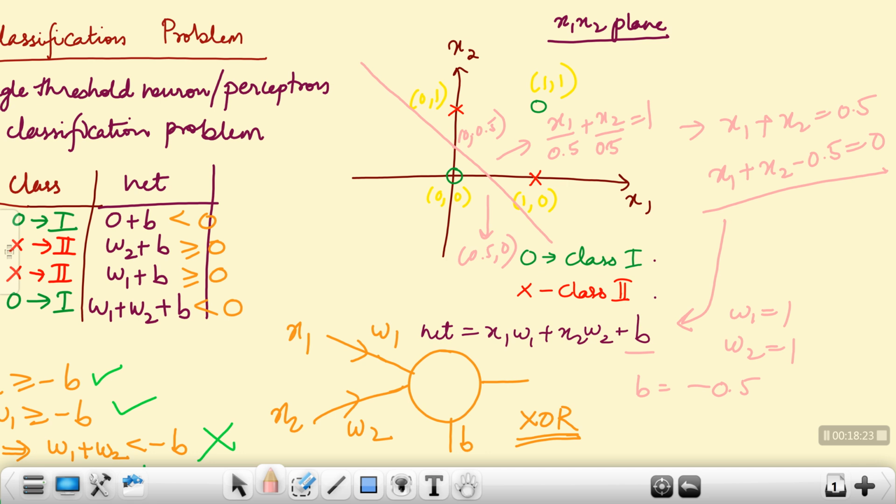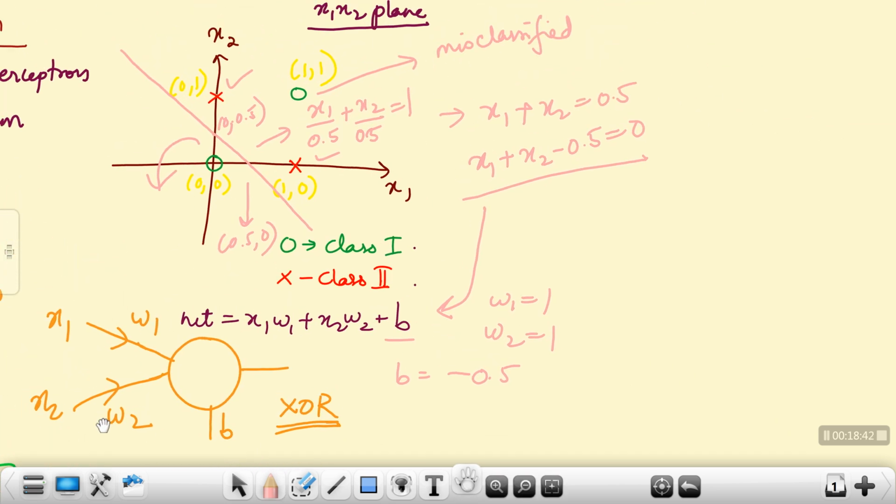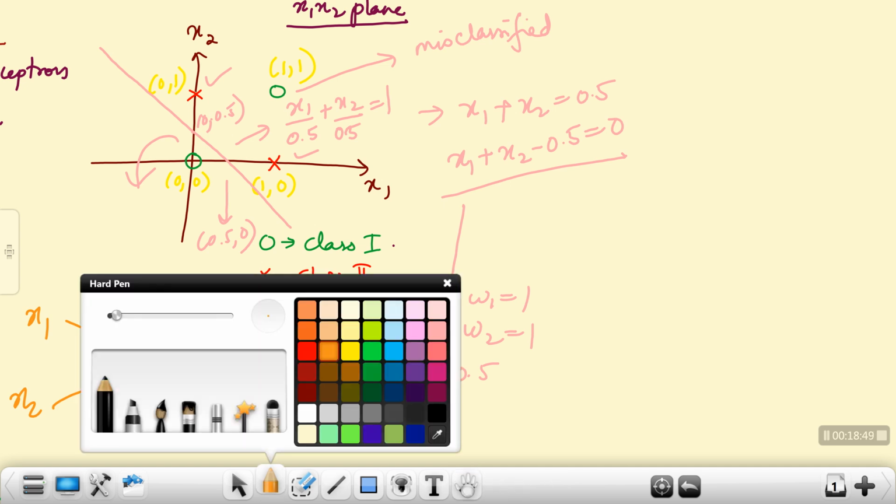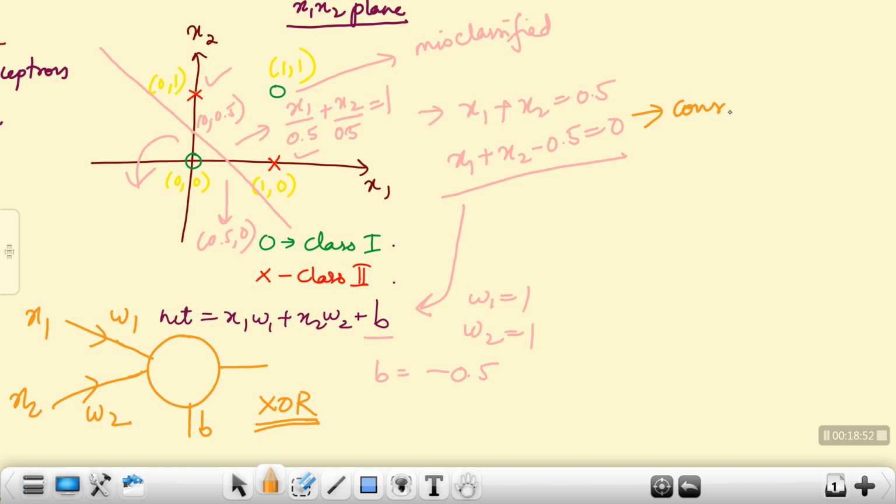So this line cannot be used to solve the XOR problem, because one point will be misclassified. This point is classified, this point is classified, these 2 points are also classified, but this point will be misclassified. Is that clear? So consider this particular line, x1 plus x2 minus 0.5.